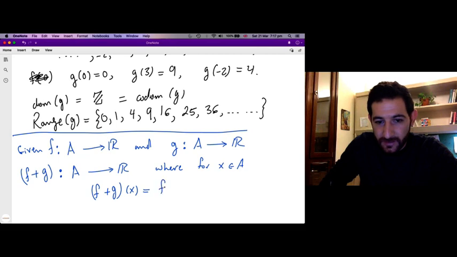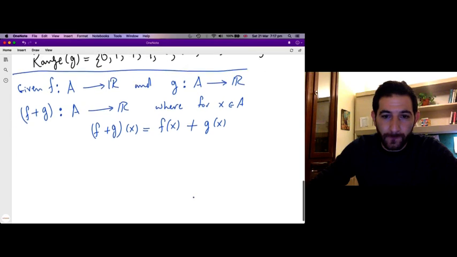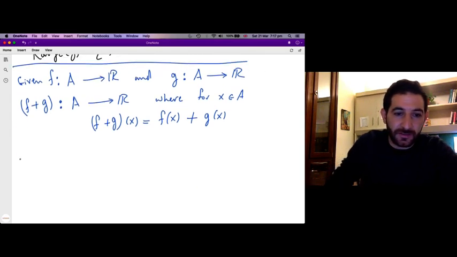First, find the image of x under f and the image of x under g. These are two real numbers, and then add them. Okay, so this is the first function.